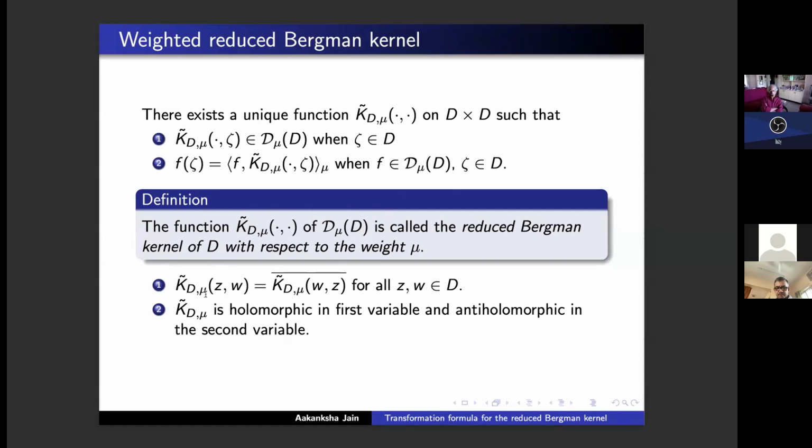Again, this is conjugate symmetric, and from it will follow that it is holomorphic. Since it is holomorphic in the first variable, it is anti-holomorphic in the second variable.